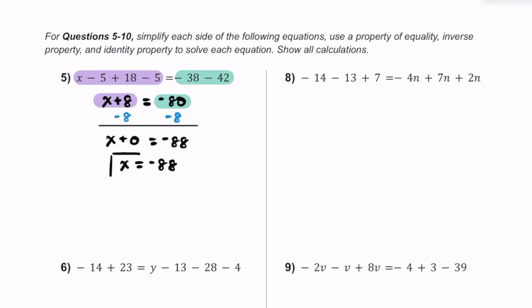Okay. Now I recommend if you're still working on getting better at knowing all the properties and such, practice saying it out loud as you do it to make sure you understand why we're allowed to do what we're doing in each step. I think it's going to help you form a very strong foundation for understanding how equations and math work like this. Okay. Cool. Let's try another one.